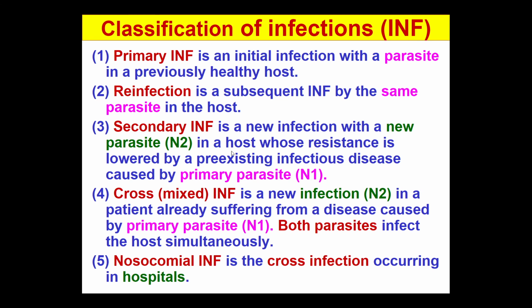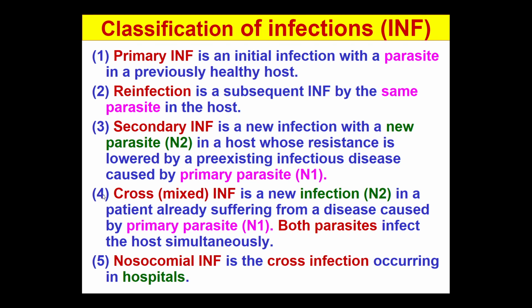Without primary parasite, this parasite number 2 can cause disease. But when parasite number 1 debilitates, causing debilitation of immune system, parasite number 2 acquires the chance for disease development.